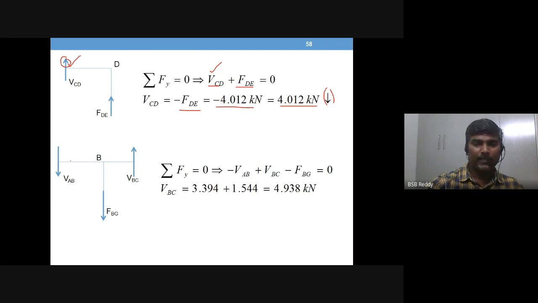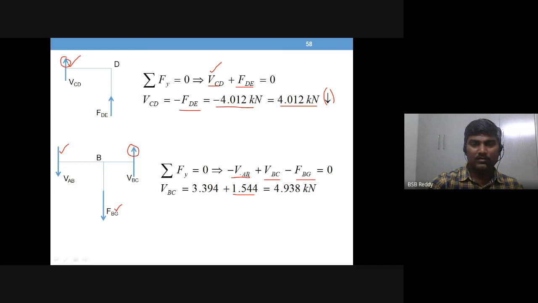This downward arrow is there. Assume an upward arrow here; there is already a downward value 1.555. Okay, so minus VAB, as this is down, plus VBC and minus FBG.